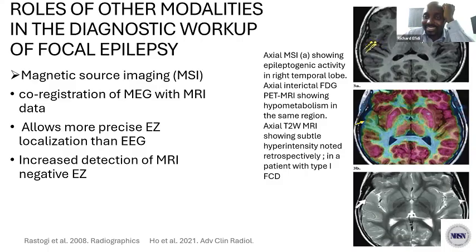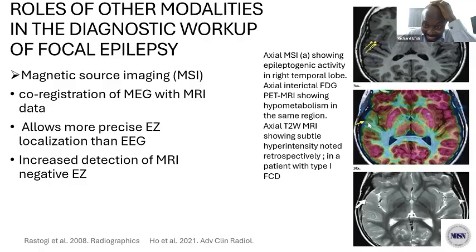We can appreciate this first image, which is magnetic source imaging. It shows this cluster of dipoles, MEG dipoles, in the right temporal lobe, and this is usually the source of the seizure.